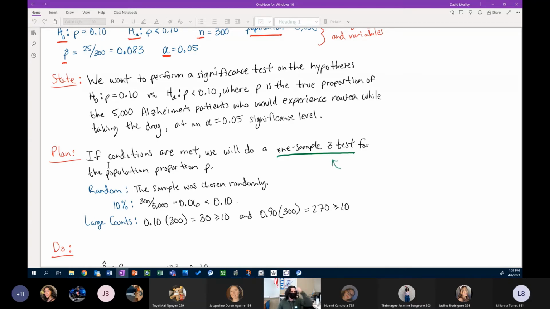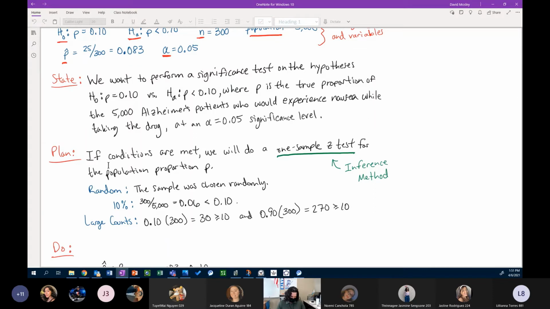The one sample z-test is the inference method. It allows us to maneuver with the numbers in such a way that we can hopefully make an inference about the entire population based on this data.